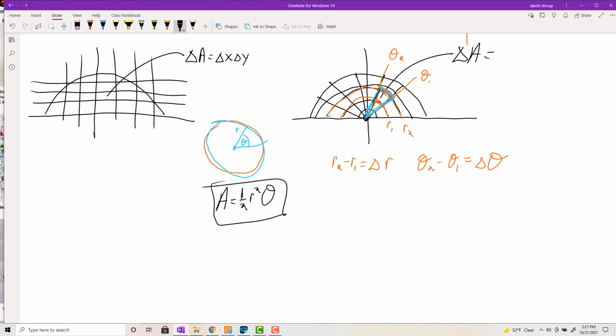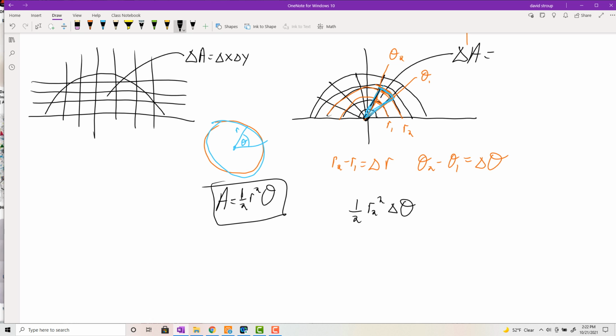Okay, so the first area, that blue wedge, that part of it is going to be 1/2 r2 squared. And then the theta is the difference between theta 1 and theta 2, which I'm calling change in theta.